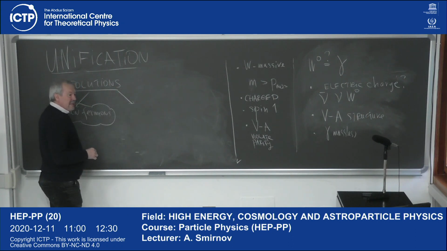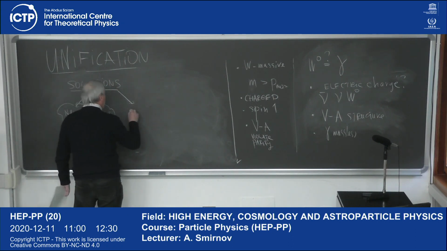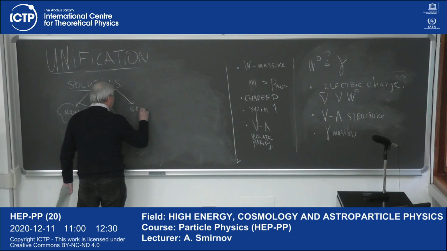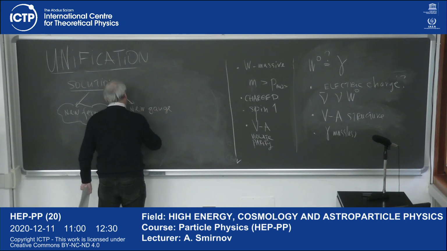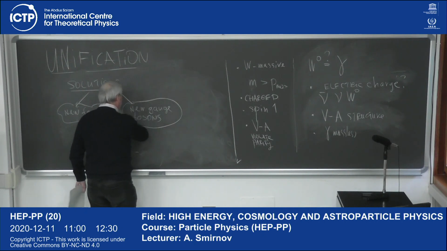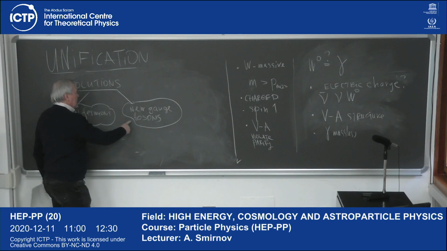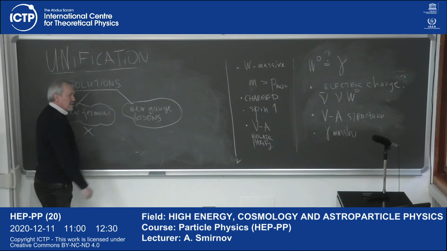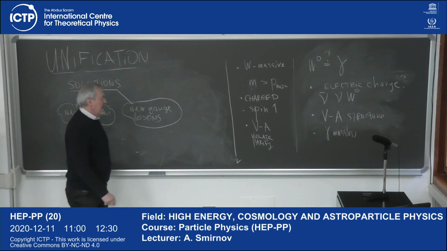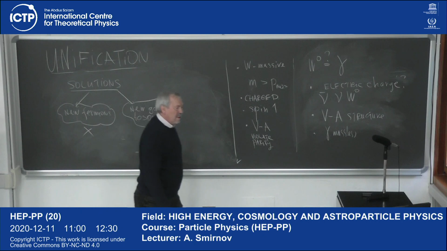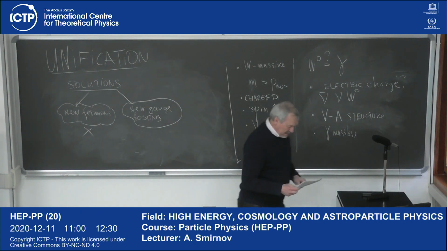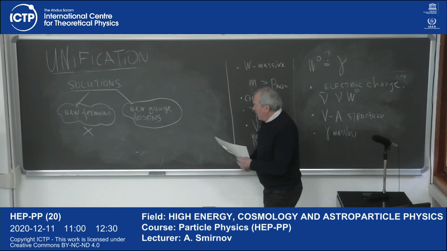Or you need to extend the theory by introducing new bosons, new gauge bosons. And actually this possibility won eventually. The other was excluded by observations of so-called neutral currents, which I will mention a little bit.